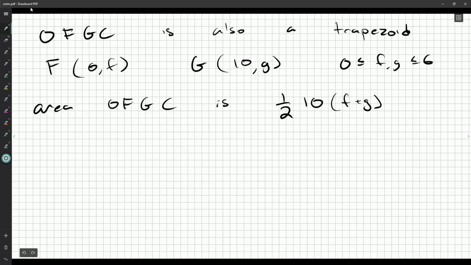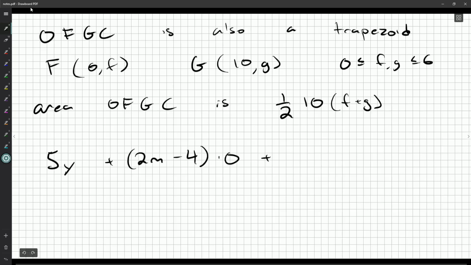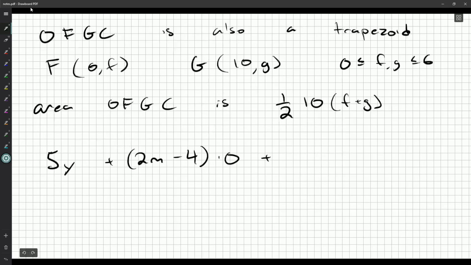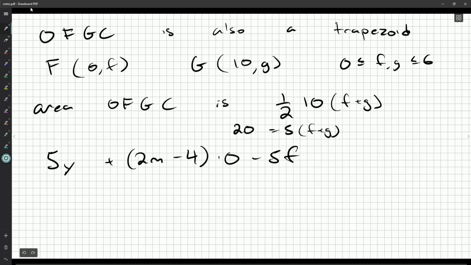Now we can figure out g in terms of f, and then we should be able to get everything in terms of m somehow. And we're going to use sort of the same trick. So 5y plus 2m minus 4 times 0. It's a minus 5f, isn't it? Yeah, minus 5f. Oh yeah, I should probably write something like, so 20 is equal to 5 times f plus g.